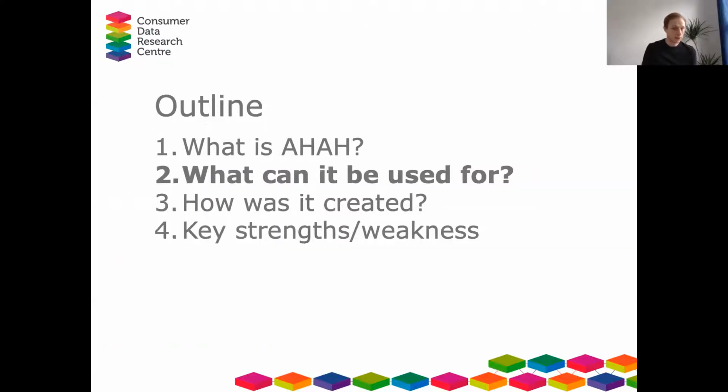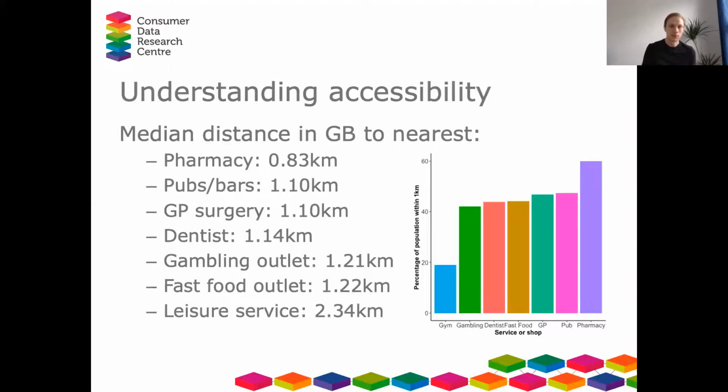So what can it be used for? We have quite a range of data, and there's a lot of data opportunities because we've created quite a suite of measures that might be useful for different contexts. In particular, if we're interested in looking at accessibility to certain stores or certain features of environments, that might be a really good way of trying to understand what are the problems facing our populations.